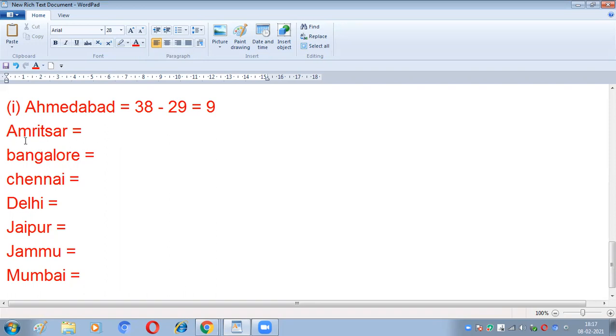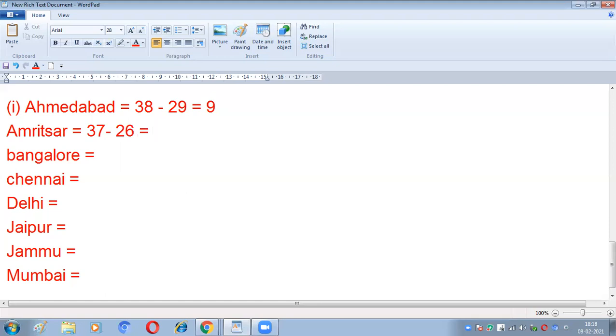Now we'll find the difference between the maximum and the minimum temperature of Amritsar. The maximum temperature of Amritsar is 37 degrees Celsius, and the minimum temperature of Amritsar is 26 degrees Celsius.